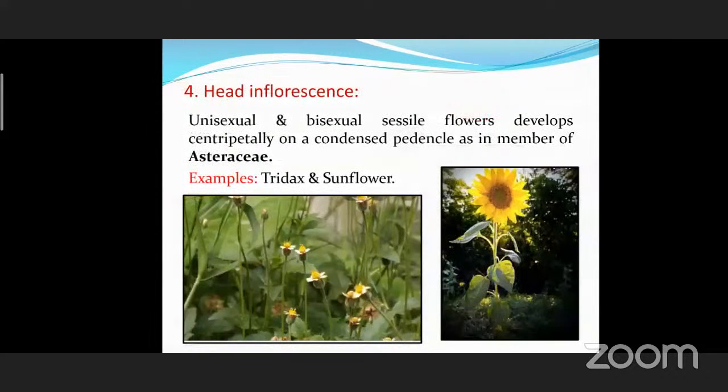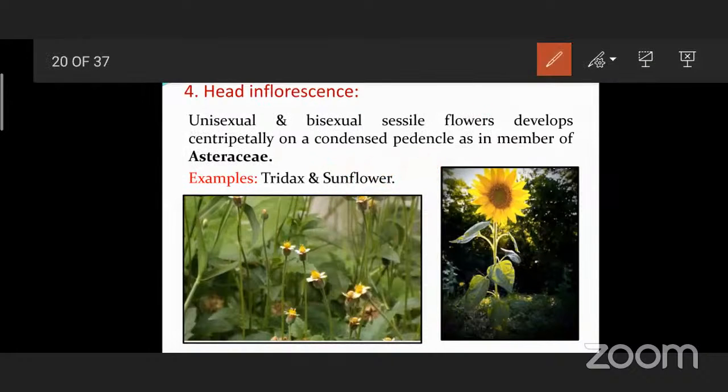And the fourth one, simple racemose inflorescence, that is head inflorescence. In the head inflorescence, unisexual and bisexual sessile flowers develop centripetally on a condensed peduncle in members of Asteraceae. Best example, Tridax and sunflower.